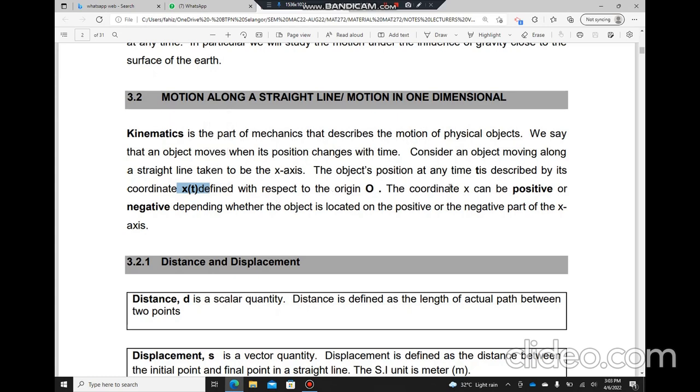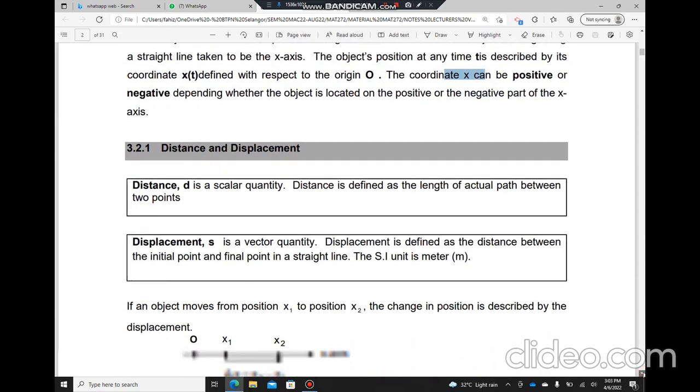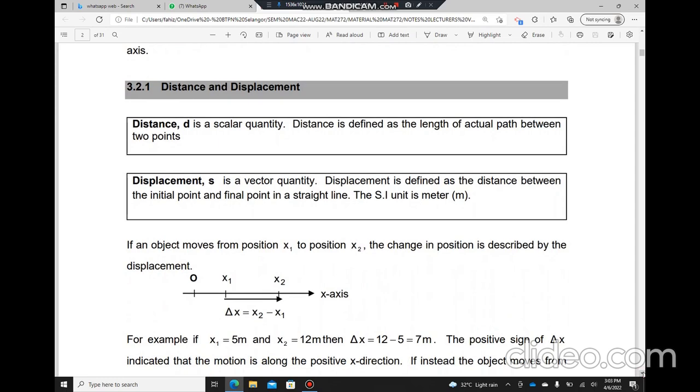Okay, so koordinat dia ataupun kedudukan x may be positive or may be negative, based on where the object is located. Maksudnya kalau kita ada two dimension, kalau satah Cartesian, kalau objek tu berada pada x yang positif, kedudukan dia adalah positif, and then kalau berada di negatif, kedudukan dia adalah negatif.